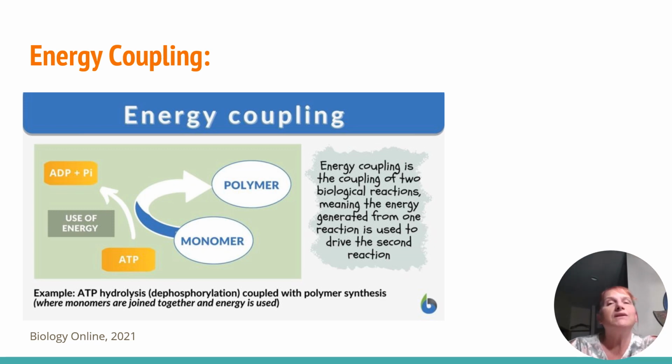Because the energy released from the exergonic reactions can be channeled down to the endergonic reactions, that's how the endergonic reactions can be driven by the exergonic reactions. So if you look at the ATP and the ADP and the use of energy, it shows how that one can drive the other.